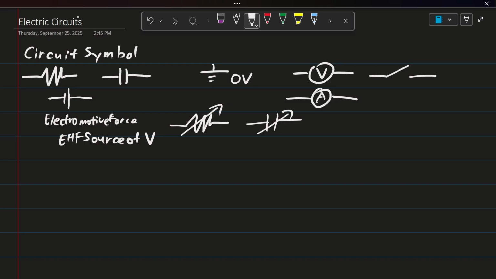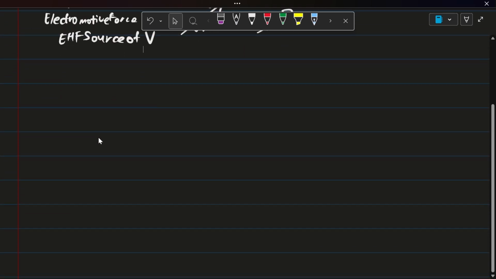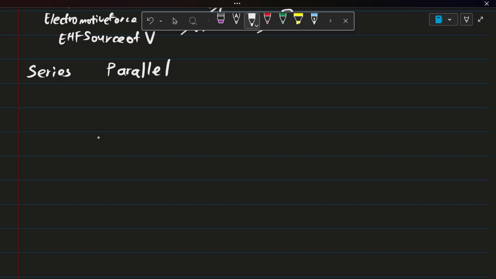So let's get started on discussing a little bit about the connections in a circuit. Remember when we dealt with capacitors as well as springs, we discussed series as well as parallel. So now I want to describe what series is again.